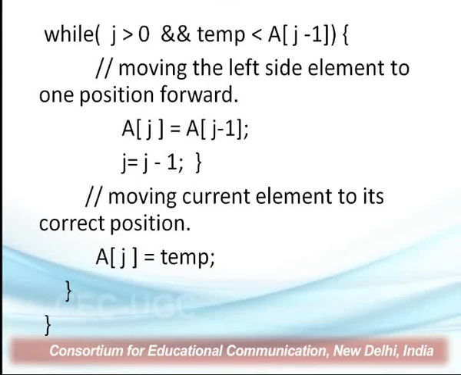That means if this condition is satisfied, we start moving the left side elements one position forward by a[j] equals a[j minus 1], and then we will decrement the loop by j equals j minus 1, and then we will fix the current element to its correct position.